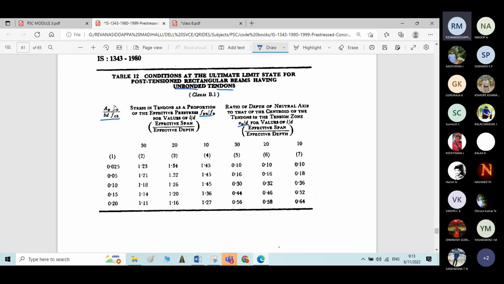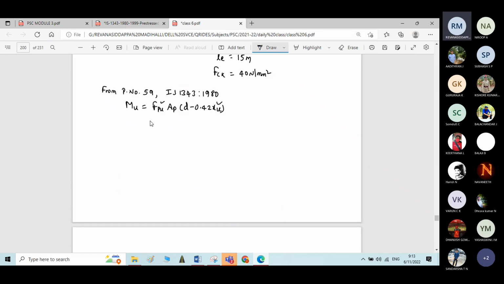Now we'll work out the values for AP FP by BDFCK and the L by D ratio. Now the ratio AP FP by BDFCK is nothing but AP into FPE divided by BDFCK.